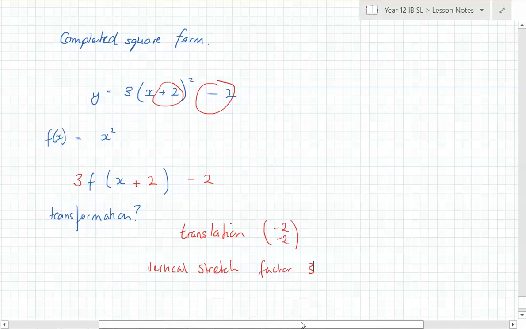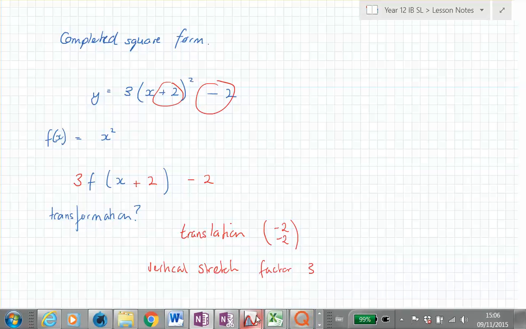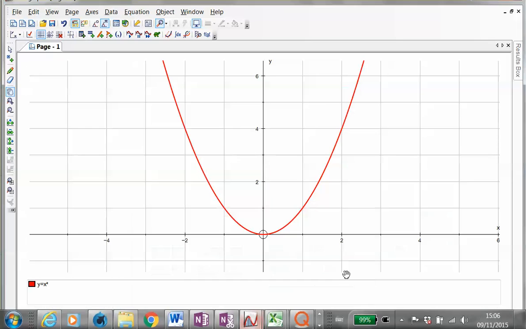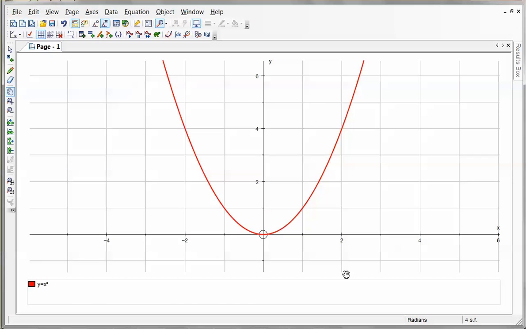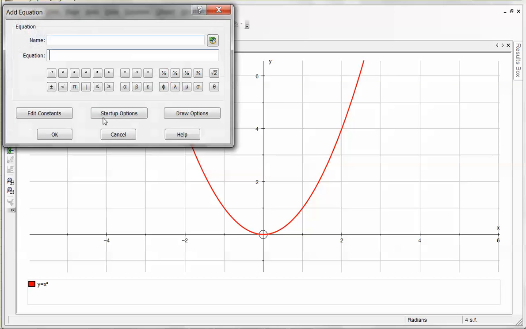So let's have a look at what that will actually look like. Here is x squared. If I put in the one that I've just put in, y equals 3 times x plus 2, squared, then minus 2.